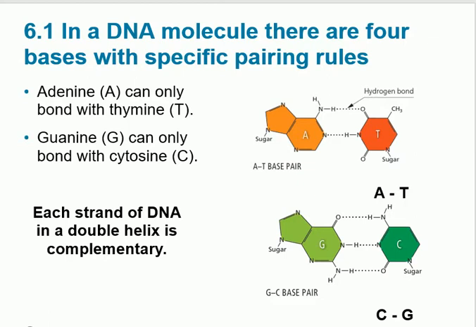And the simple reason why is, look at this, for example. If I have this strand right here, this is the A and this is the T. And let's say this is the C and this is the G. See, this will fit with this only.